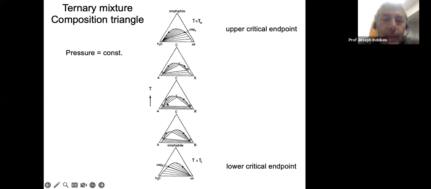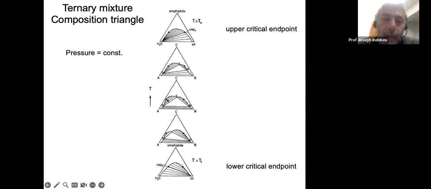And on this line, if we choose any point on this line, the system will split up into 2 phases. One which is rich in A and one which is rich in C, and also has some B, but the 2 compositions are indicated by these 2 endpoints on this line here.